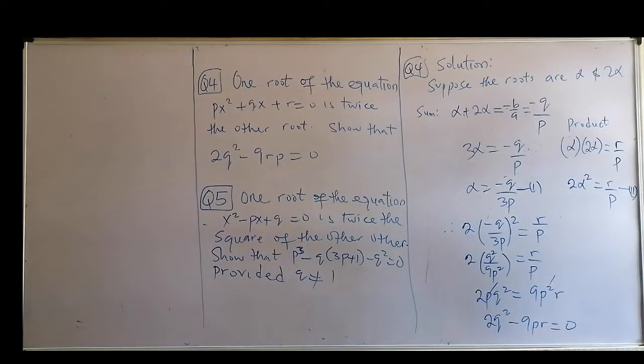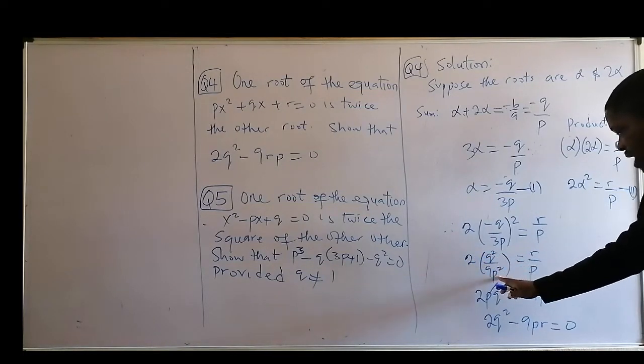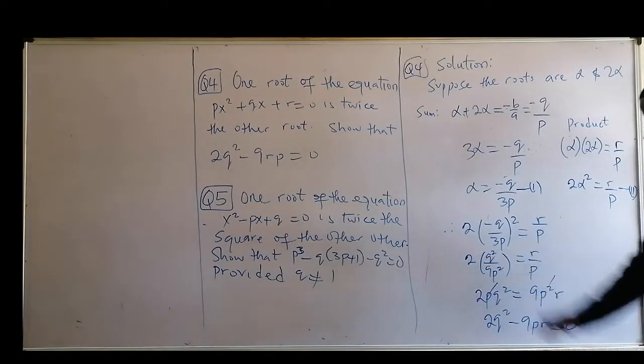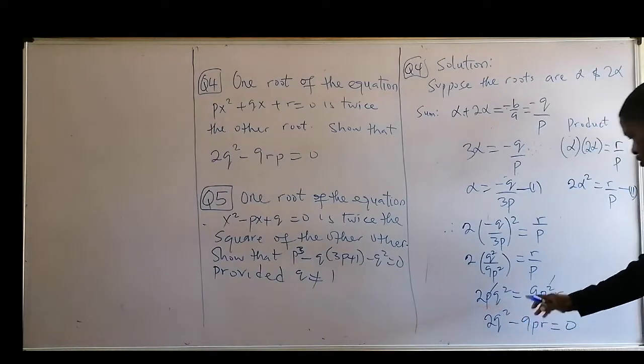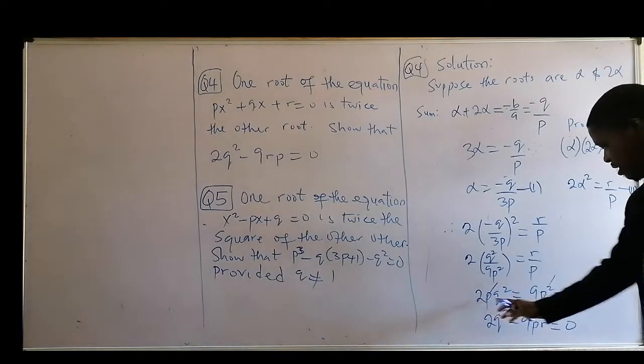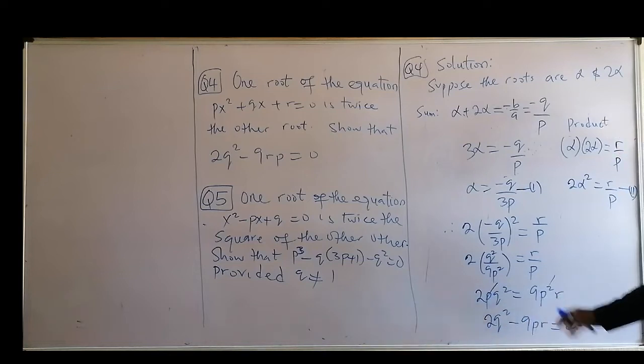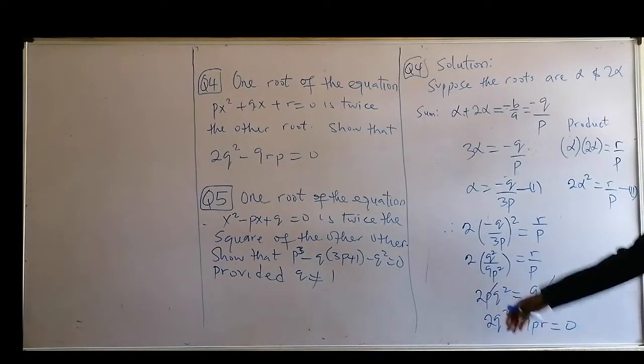Then you can cross multiply, because here you have 2q squared over 9p squared. So that will be 2pq squared equal to 9p squared times r. Then p is here, and p is here, so you can cancel. It will go here to make 1, and move this one to the other side.